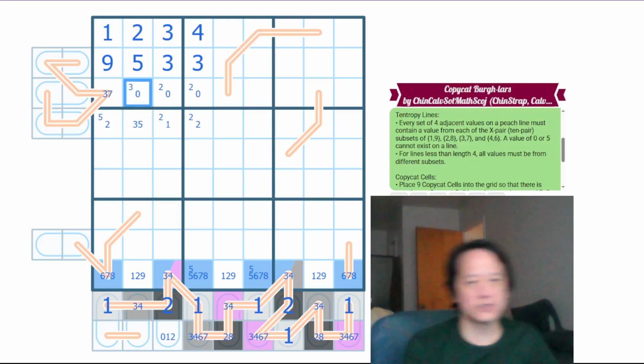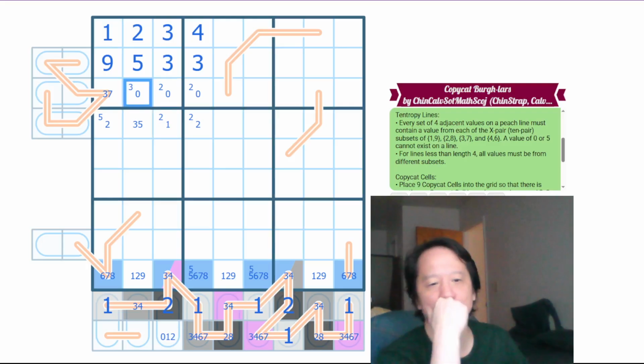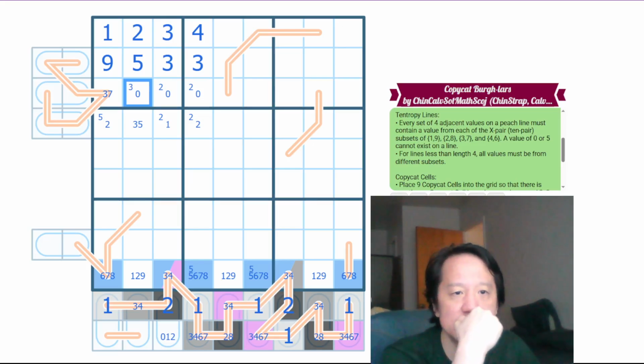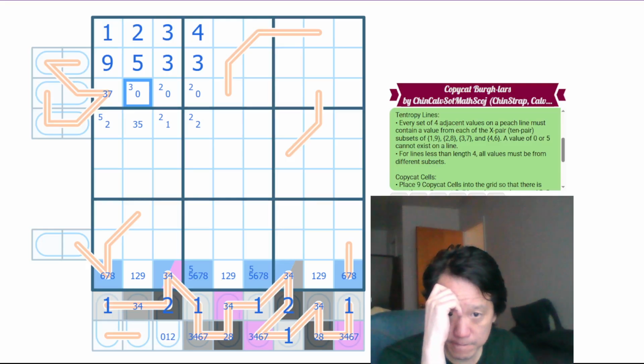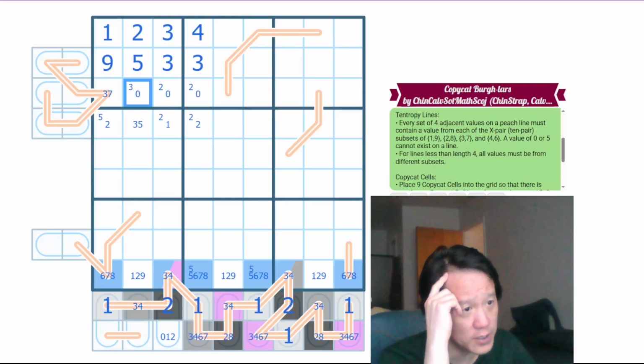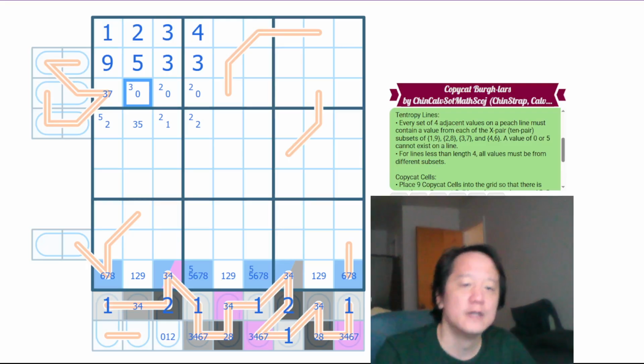Okay, so that means for the 2, it's going to be 30 through 35.